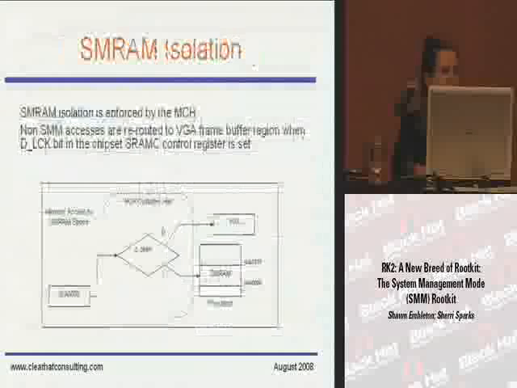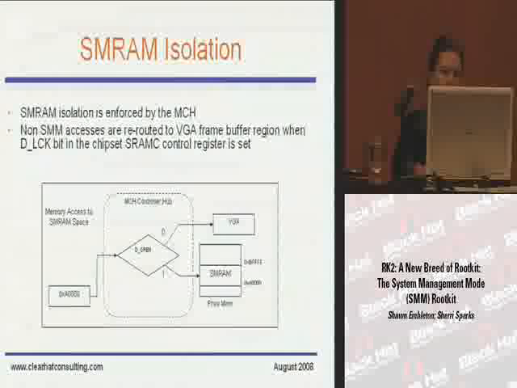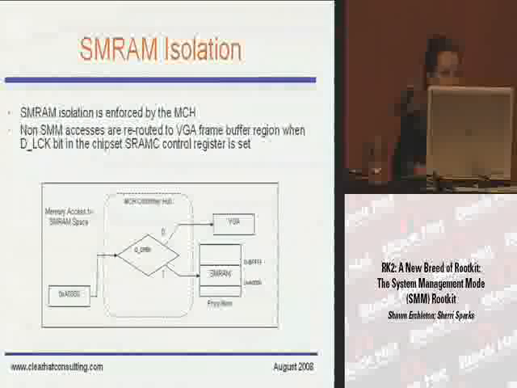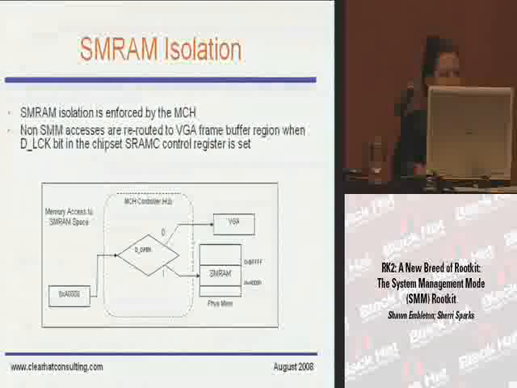We said earlier that one of the reasons SMM might be an attractive location for a rootkit is the fact that there's an isolated memory space. As it turns out, the SMRAM memory space isolation is enforced by the memory controller hub. There are a couple of registers in the chipset that control access to SMM from non-SMM modes.